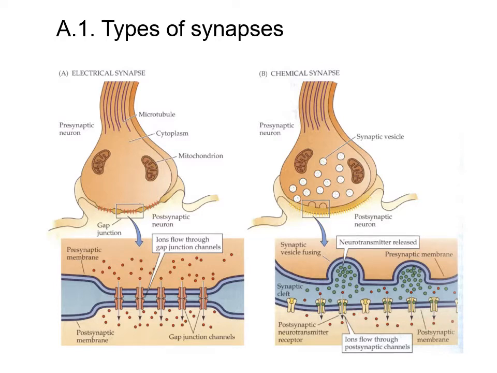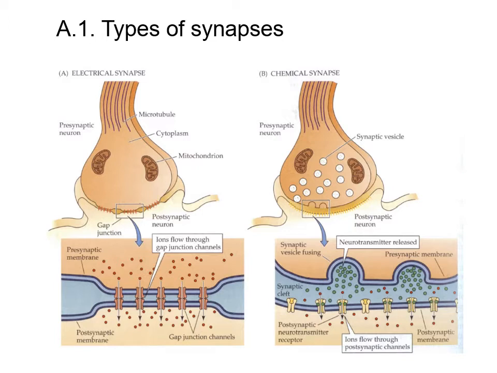Activation of these receptors leads to changes in the membrane potential of the postsynaptic cell. In this case, an electrical signal is transduced into a chemical signal that is then transformed back into an electrical signal via activation of the ionotropic receptors. And these synapses are unidirectional.